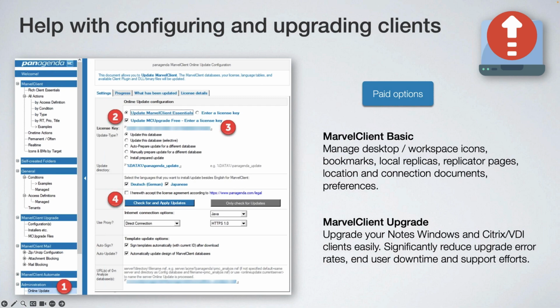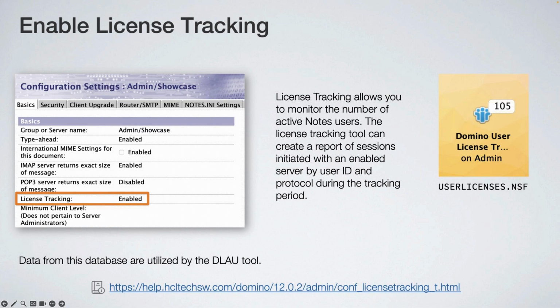And before we move to another one, a simple tip: please check if you have license tracking enabled. It is again user related, user clients related, and if you enable it, the Domino server will store internally, every day, whether John Smith or Mary Jones accessed the server and using which protocol: NRPC, HTTP, IMAP, for example.